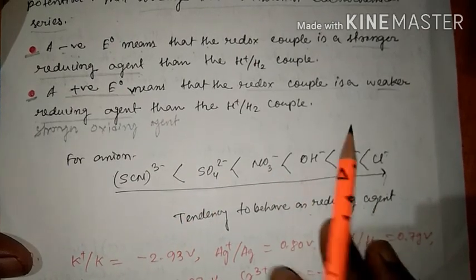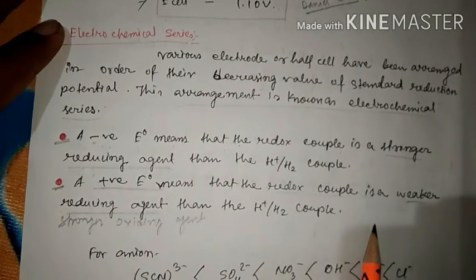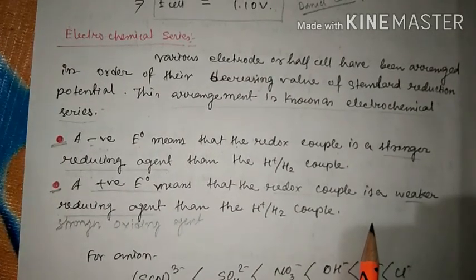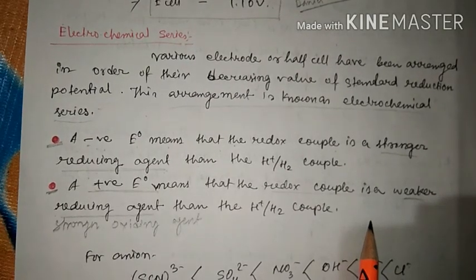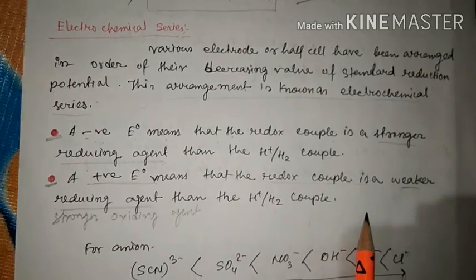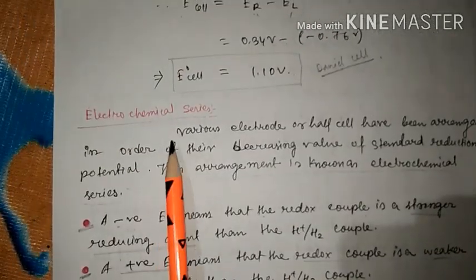Okay, now see, from the electrochemical series, most probably in 2019, or 2018 or 2016, a short question comes every year. There is a probability that a short question comes with the help of the electrochemical series. Now see what type of question it is.